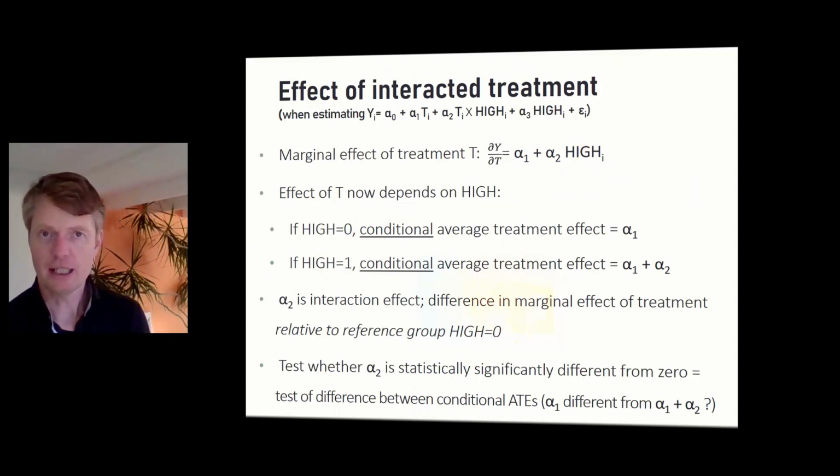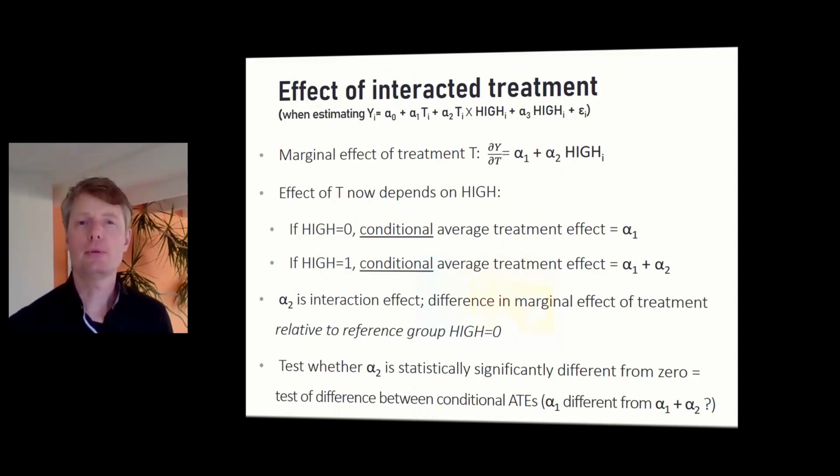Now, what is actually the effect of the treatment when we allow for this interaction? Here is the estimation equation at the top. The effect of the treatment is basically the marginal effect. So we take the first derivative with respect to T. If we do that, so dy/dT, then looking at the estimation equation, the terms that remain are alpha 1 plus alpha 2 times high.